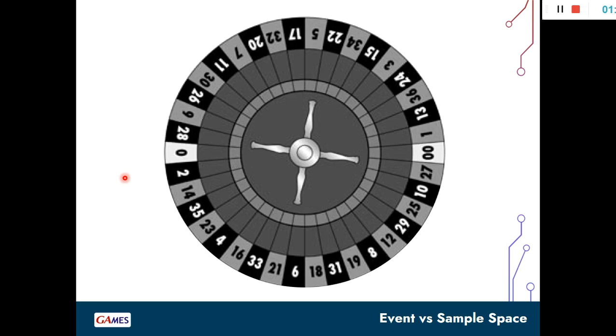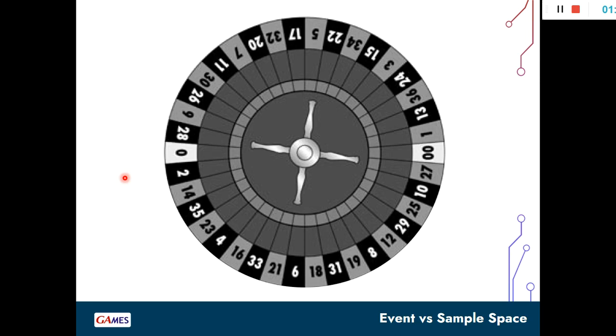Now I want to calculate the probability that that outcome would occur. There's just one outcome that we can have for a ball rolling into 8. Now let us try to compute the probability.